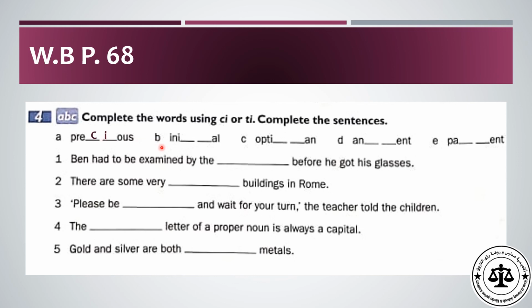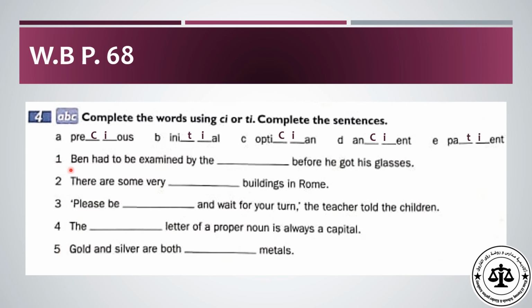B, initial, at the beginning, and we will complete it by adding TI. C, this is what? Optician, with CI. D, ancient. E, patient.